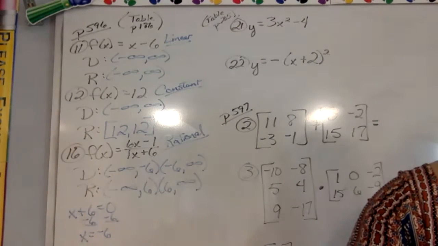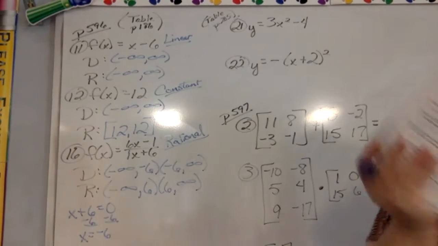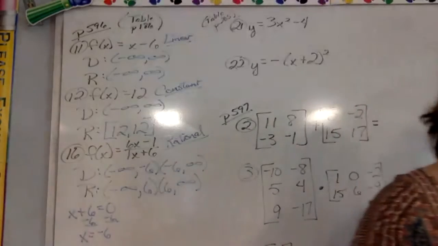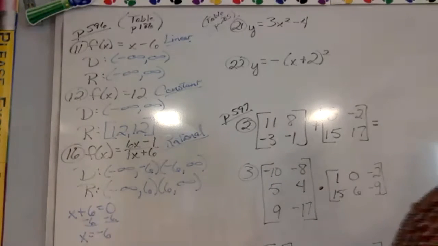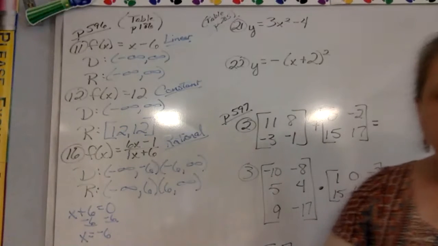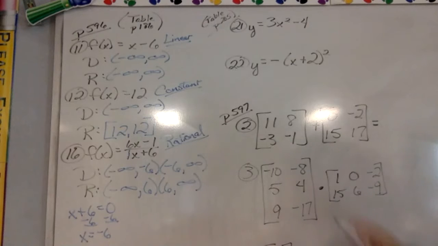I'm trying to get my pages turned. All right, so we have a table down at the bottom of 205 that talks about transformations for translating graphing of quadratic functions. Now, you've got to remember your basic quadratic function.